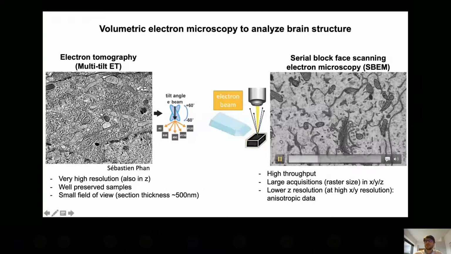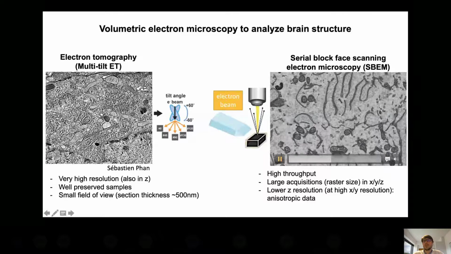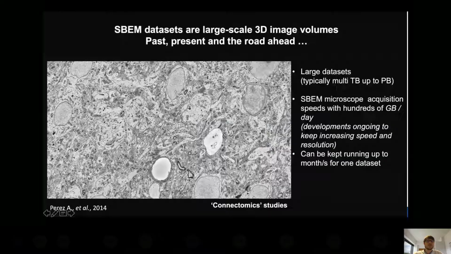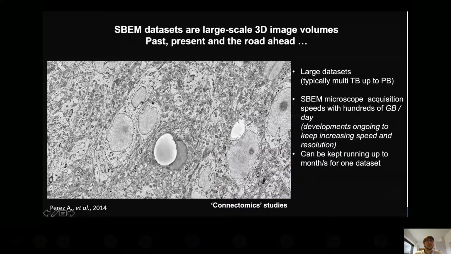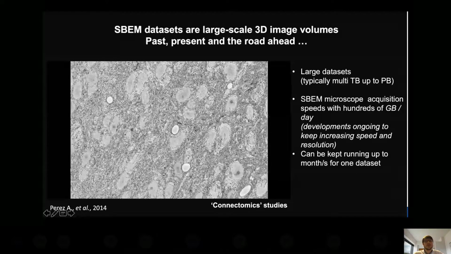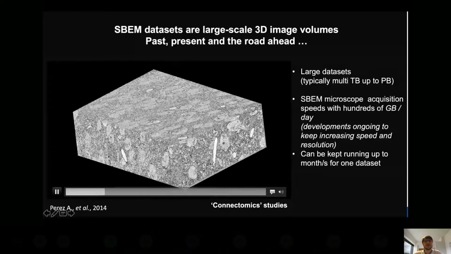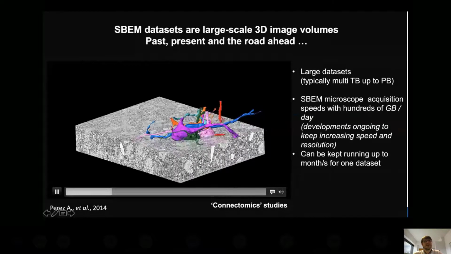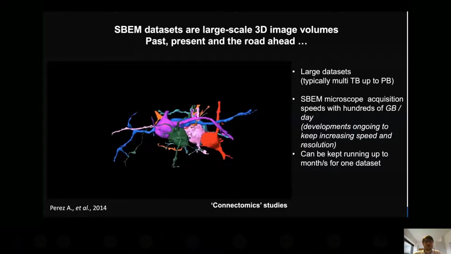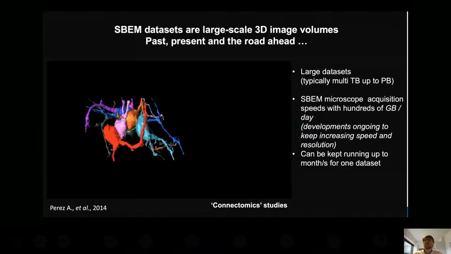Many of you might already know this serial block phase EM data can generate extremely large data. Just to give you an overview, if you're not familiar with this, many in the field are doing this connectomic type of study where large-scale images of a brain tissue are taken, and we will then reconstruct the neurons, where they connect, how they connect, but also intracellular features.